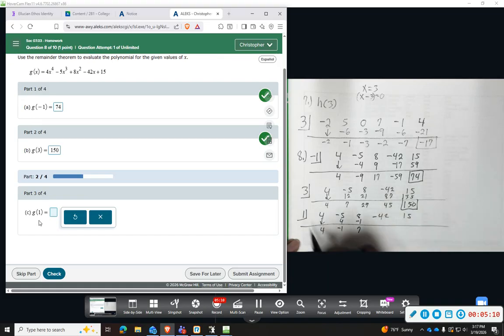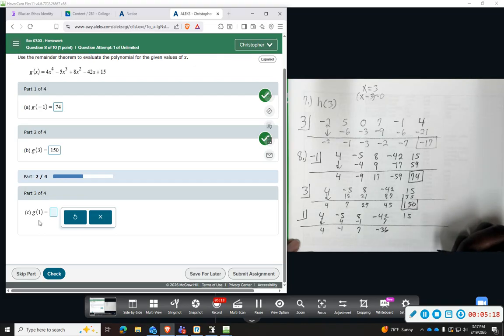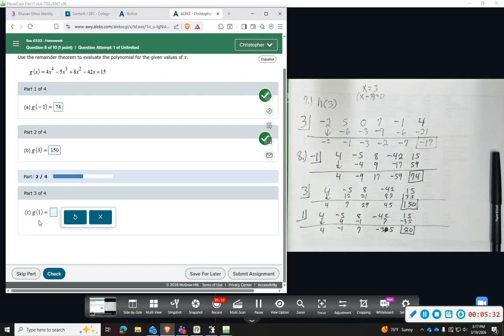Subtract, we get 7. 1 times 7 is 7. Subtract, we get negative 36. Negative 35, sorry. Negative 35. 1 times negative 35, negative 35. Subtract, we get 20. So g of 1 gives us 20.